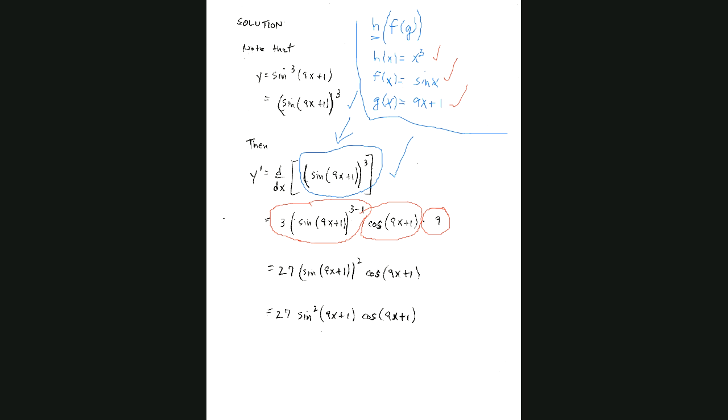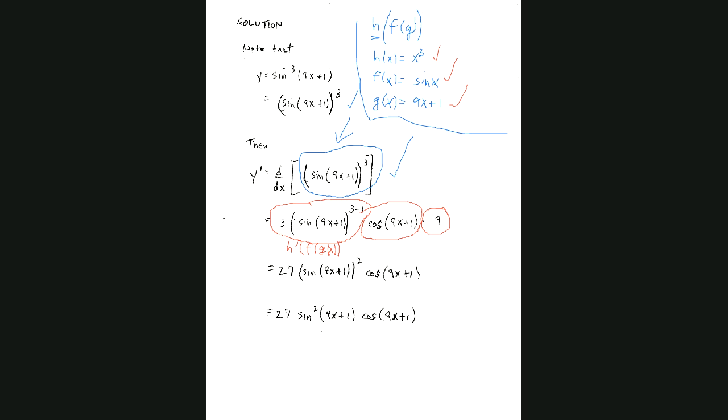And of course, what you see here really is h prime. This first term in the chain rule, h prime, is the derivative of f of g of x.